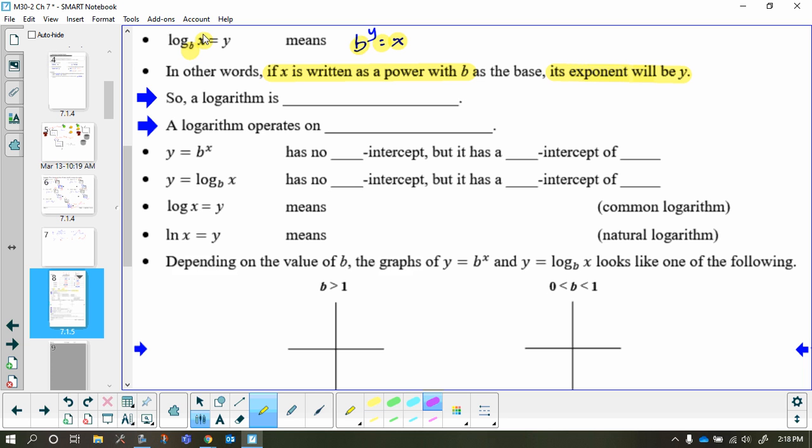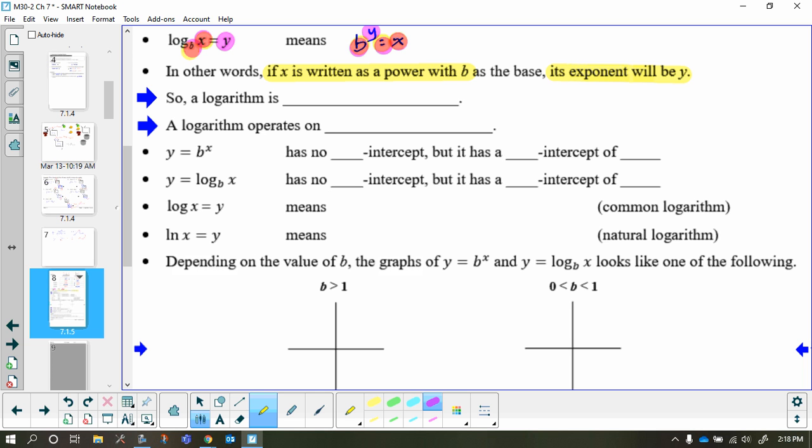So if I take x and rewrite it as a power base b, the exponent is y.